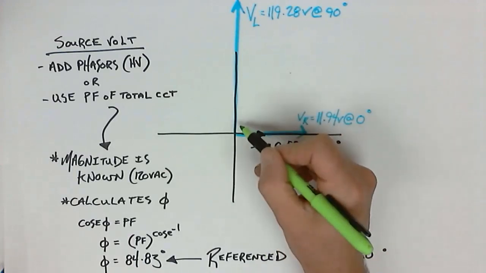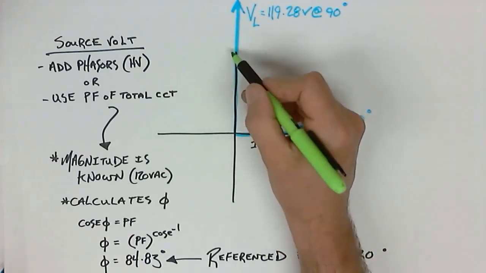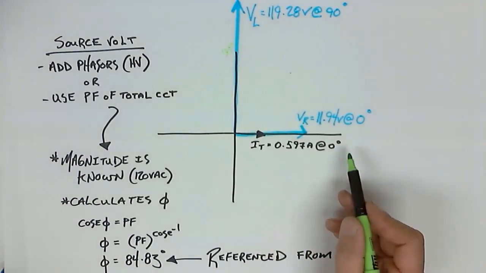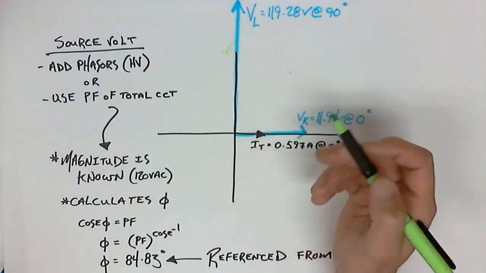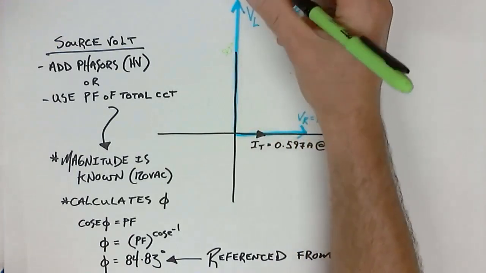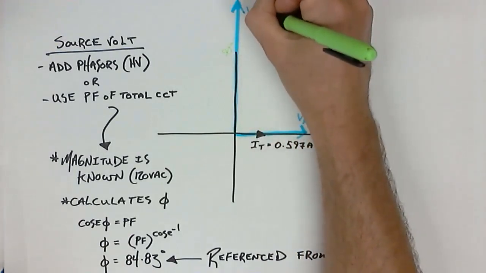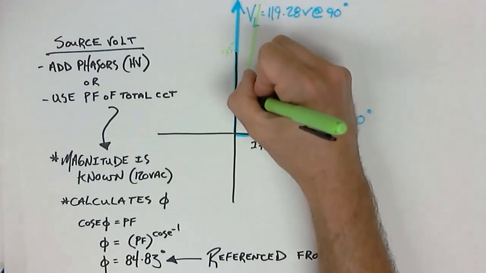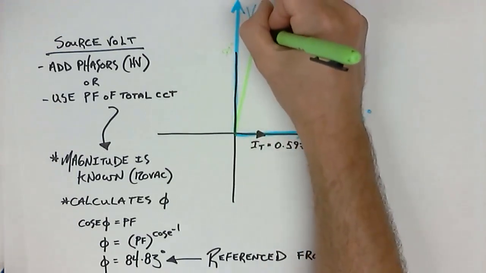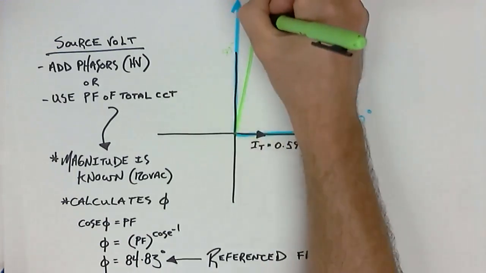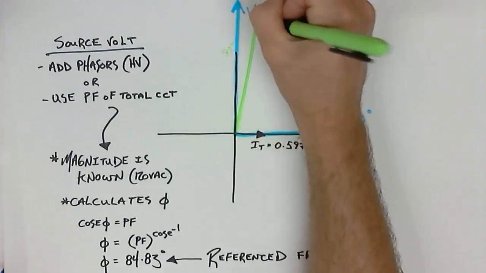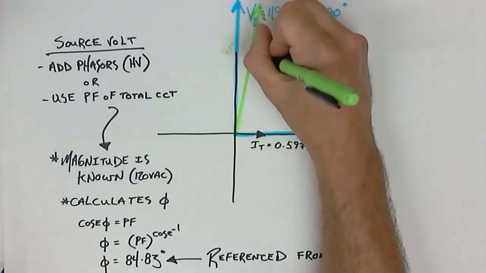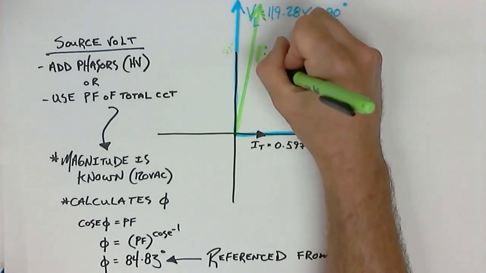So let's take a look at the Cartesian plane. This would be 90 degrees, and this would be 0 degrees. That would be about 45. So my source voltage is very, very close. It's going to be up here, isn't it? So this would be E total.